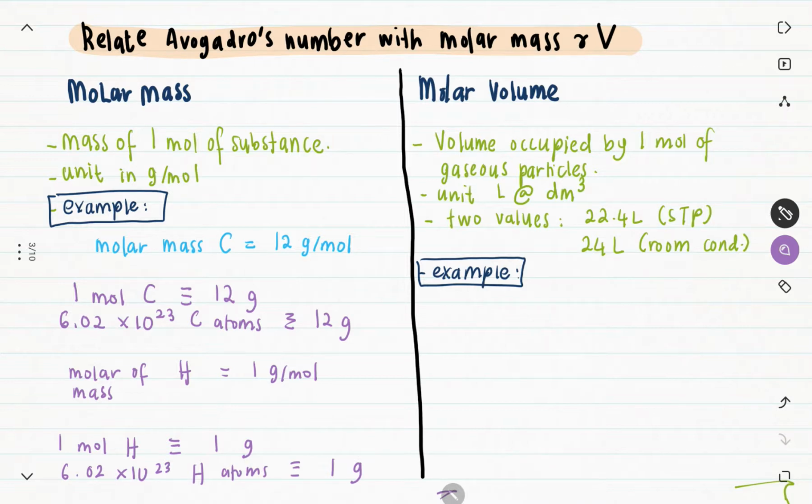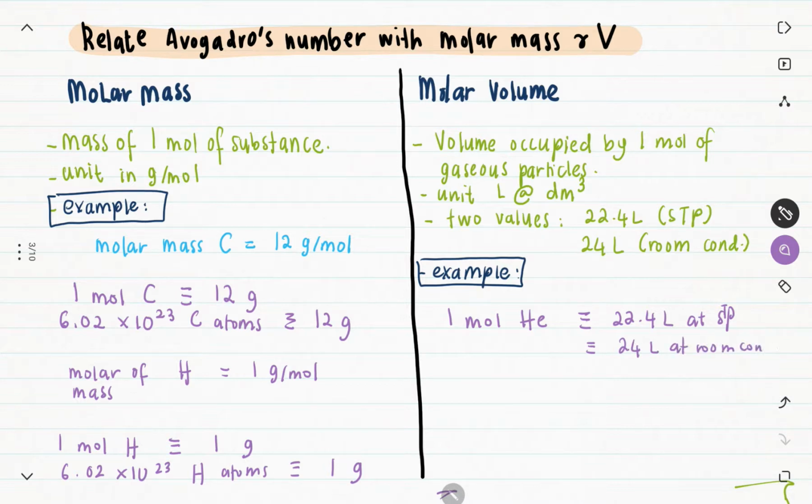So for example, if I have 1 mole of helium, the volume of 1 mole of helium will be 22.4 liter at STP, or 24 liter at room condition.